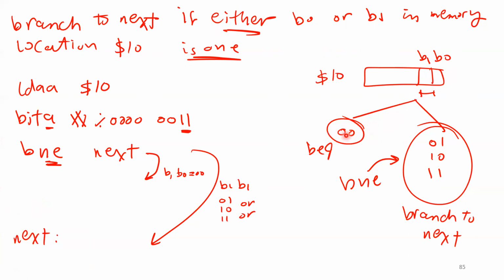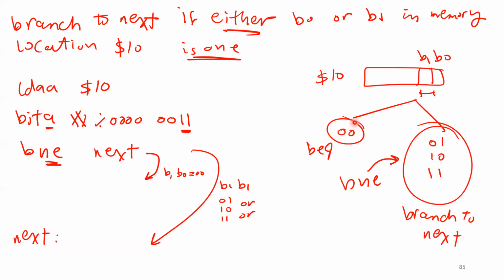If at least one of them is 1, I'm going to branch to next. If you look at these 2 bits, they can be 0,0, or 1,0, or 0,1, or 1,1. These are all the cases, right? So if at least one of them is 1, I'm going to branch. If these 2 bits store one of these 3 cases, I want to branch. Otherwise, I'm not going to branch. You got what I'm saying?